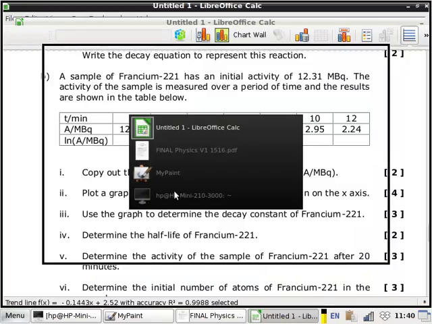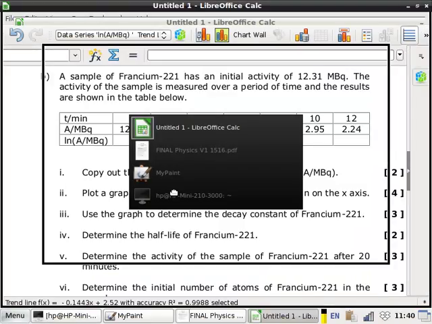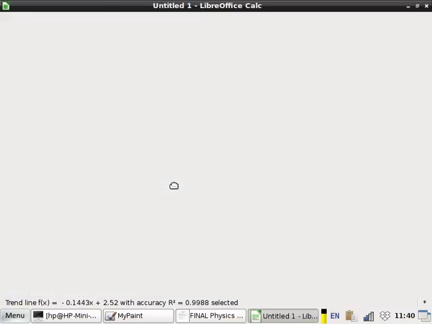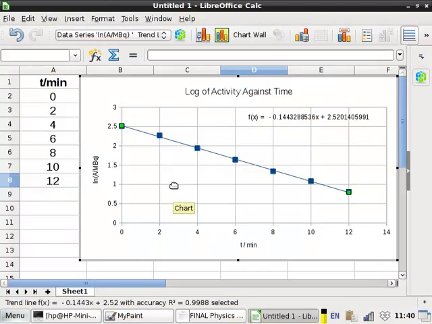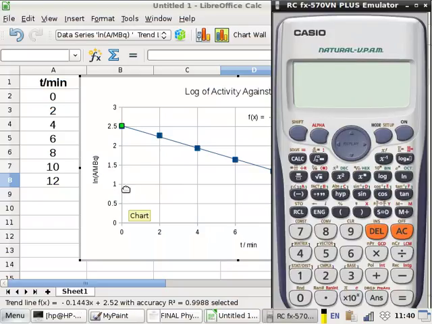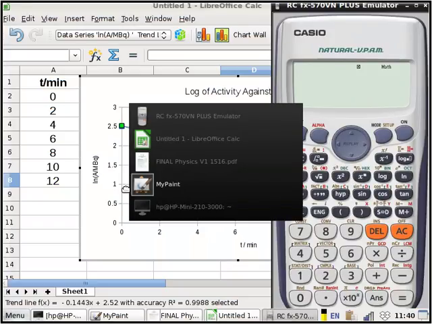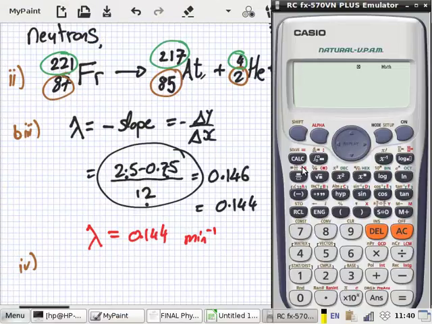Even if it's a small difference, it shouldn't make a huge effect on the answer. So let's see what you get then. 2.5 minus 0.81 over 12. So 0.1408.